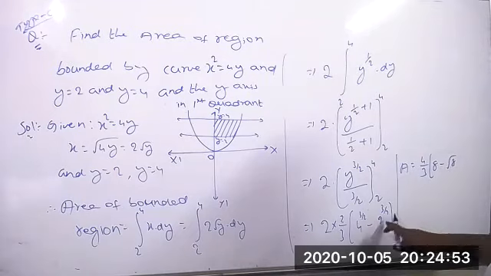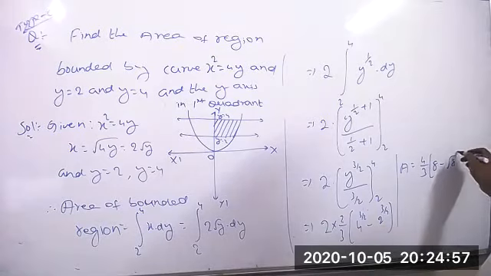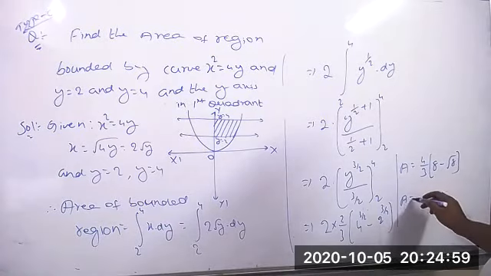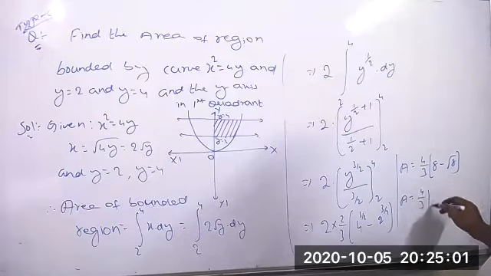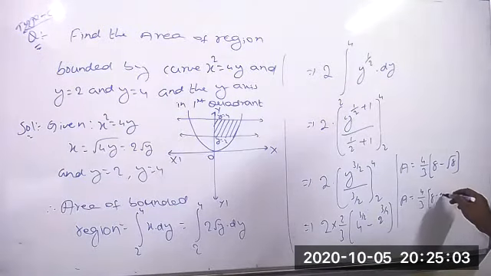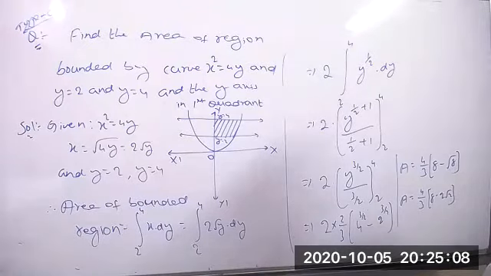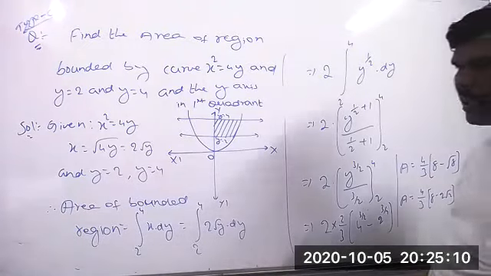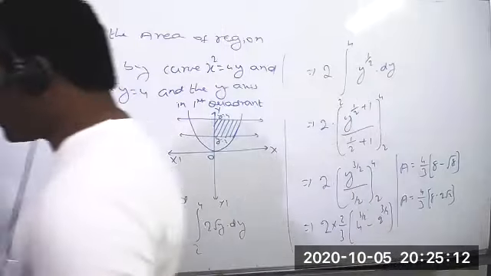So the area is equal to 4 by 3 into 8 minus 2 root 2. If you want, you can leave that, or else you can simplify and find the answer.